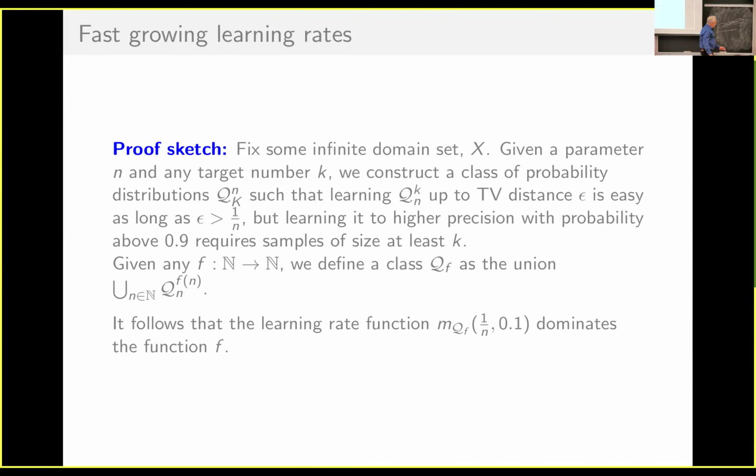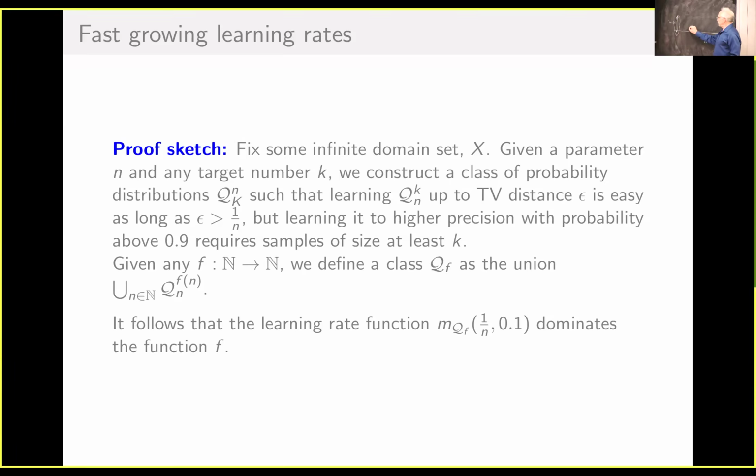So the point is that if I want to control the level of complexity of learning a class of functions, say I'm looking at distributions over the natural numbers. I take a point here, and I say all my distributions have weight 1 minus epsilon on this point. So in order to learn my distribution up to precision epsilon, it's very easy. You just give me the distribution that sits here. And now for the rest, I can make it as complex as I wish.